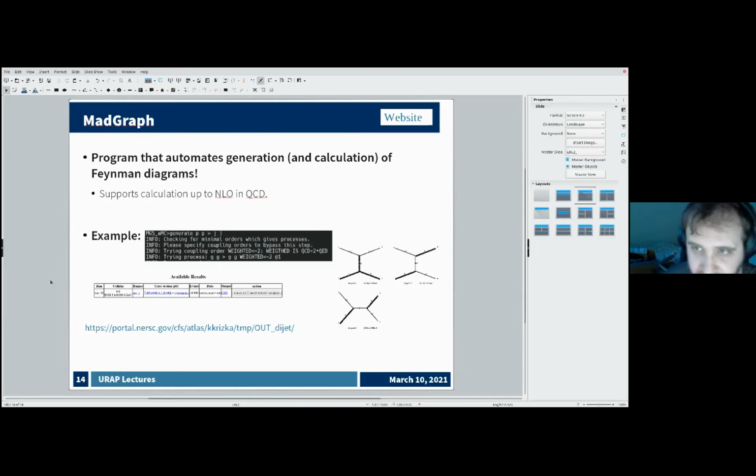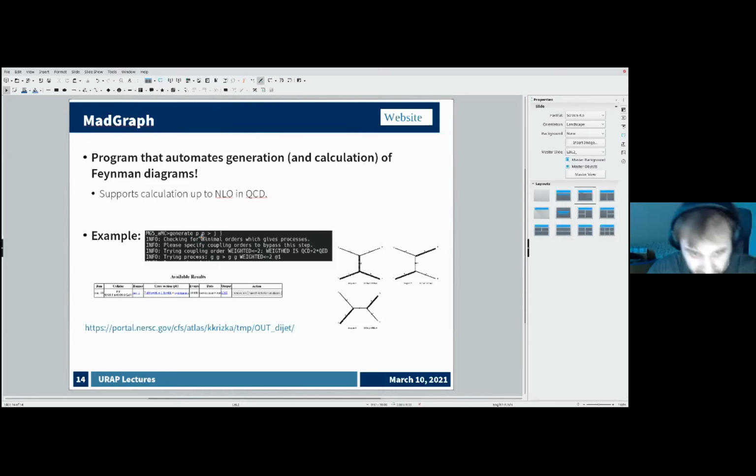It's freely available. They put a link to the website. You can go there and download it. It's also very easy to use, and it allows you to do predictions very fast. I put an example here, where I say generate proton-proton collision.